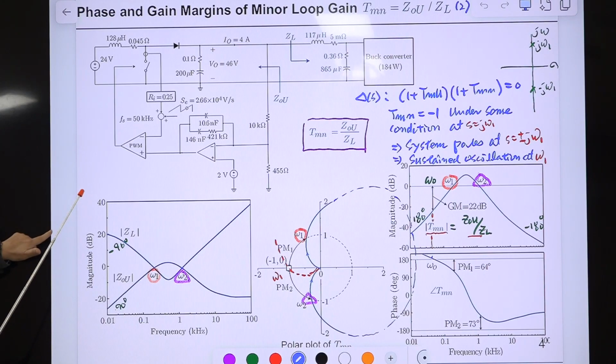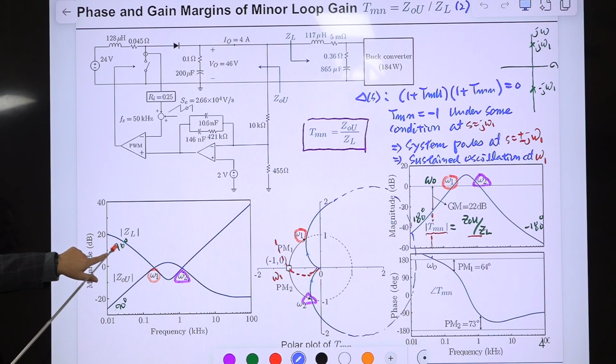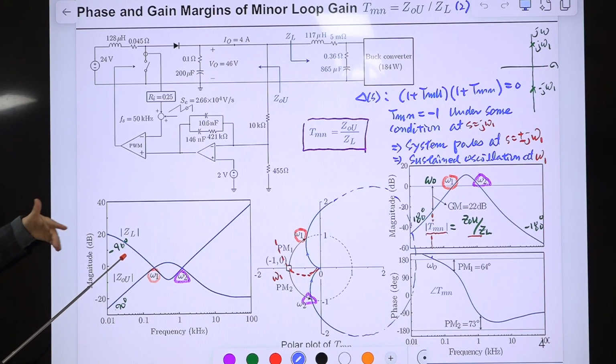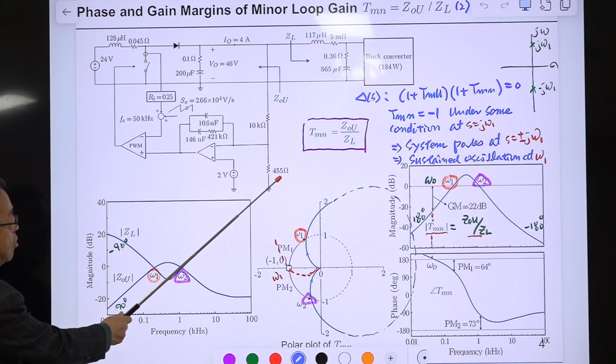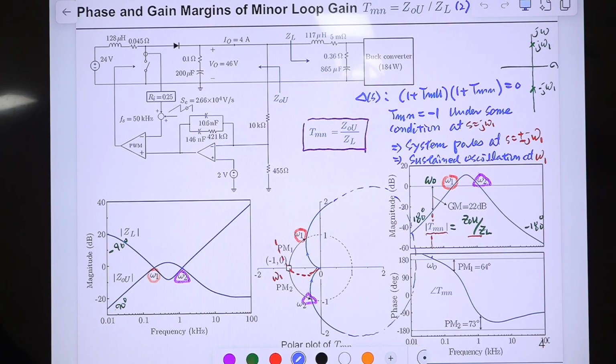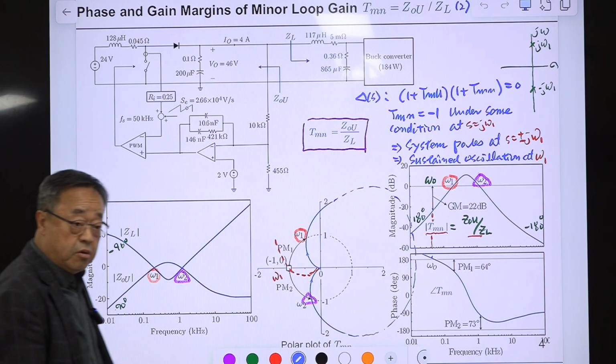It goes from minus 180 to minus 90 degrees over the RHP pole. So the RHP pole is doing something good for us. And it goes up, and this is the inductor, so the phase is 90 degrees, and this is the general shape of the output impedance of the uncoupled converter.